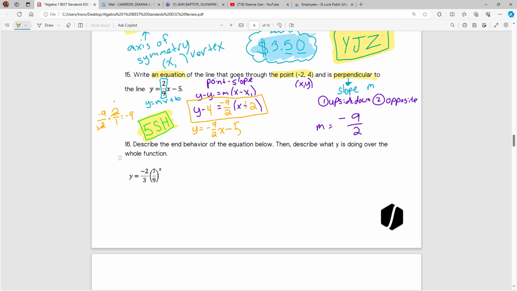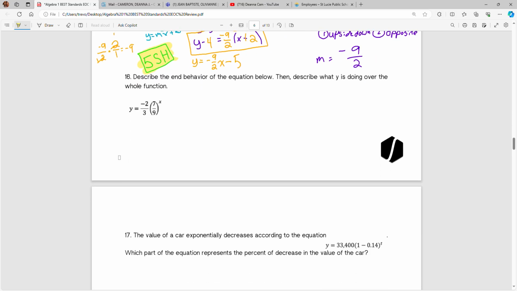And last question on the page, number 16 on page 11, says, describe the end behavior of the equation below, then describe what y is doing over the whole function.